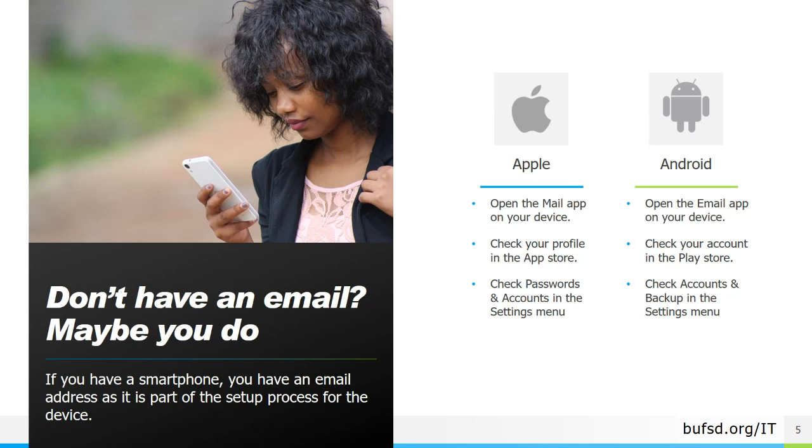You could check the Mail app that's built into the device, as well as check the profile on the application store, whether it's the App Store for Apple or the Play Store for Android, as well as going into your settings and checking the accounts information.